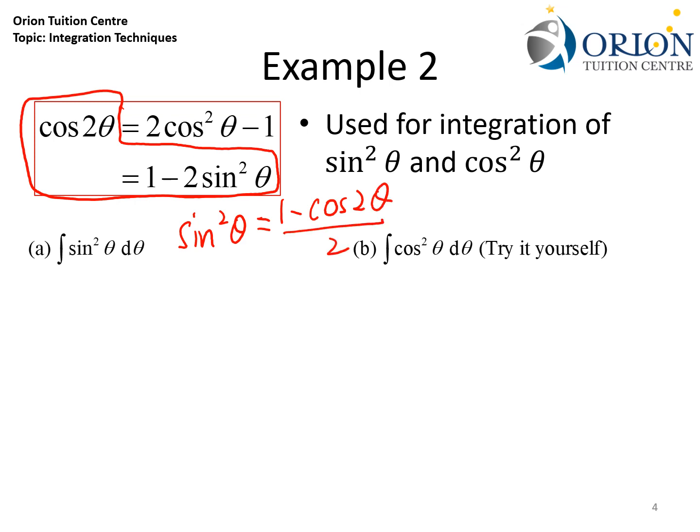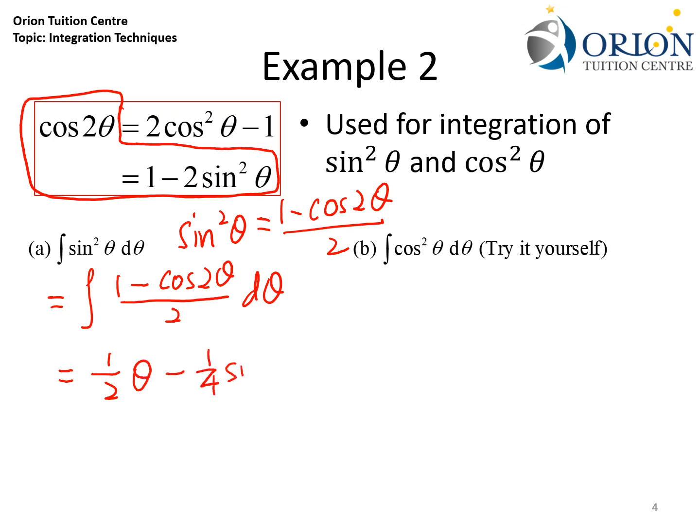Therefore, this integration can be transformed into the integration of 1 minus cos 2 theta over 2 d theta. These two terms inside the integral are very easily integrable, and I can integrate them to give us half theta minus 1/4 sine 2 theta plus c. You can try out part B on your own using this same technique.